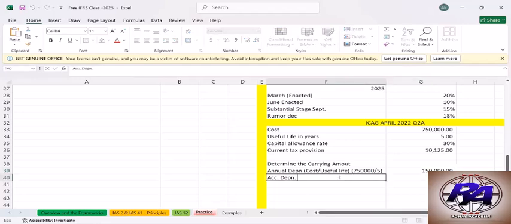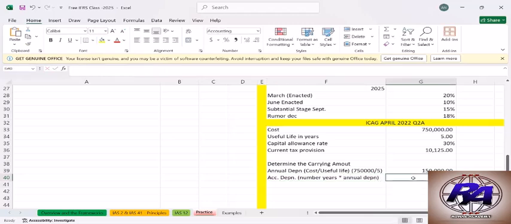To get your accumulated depreciation, it is the number of years the asset is used multiplying the annual depreciation. Okay, so that will give us our accumulated depreciation.